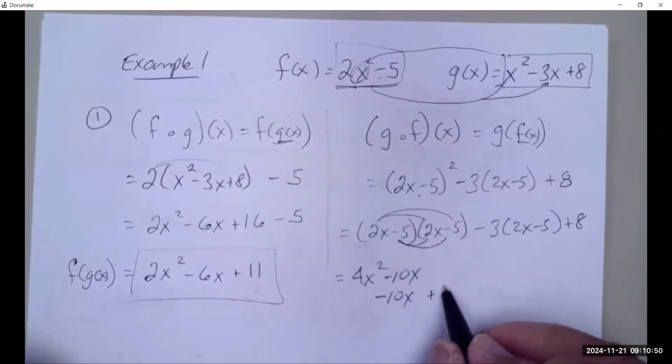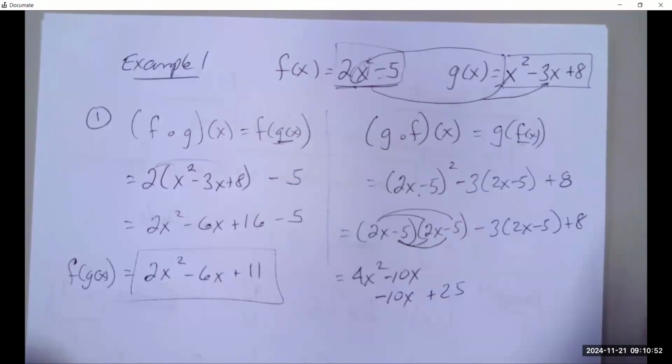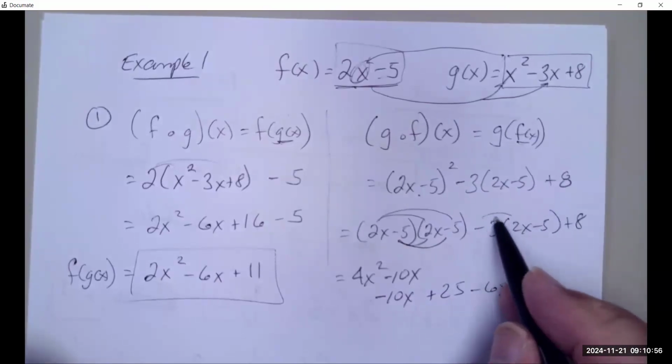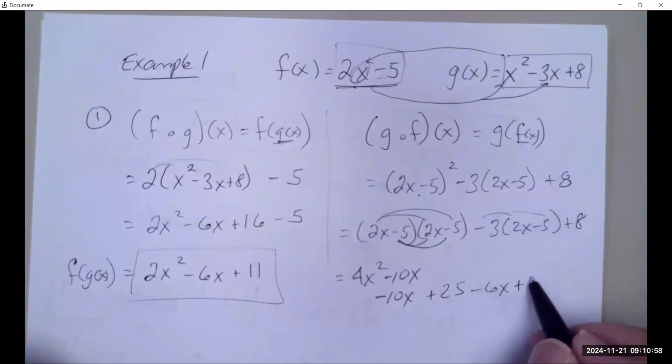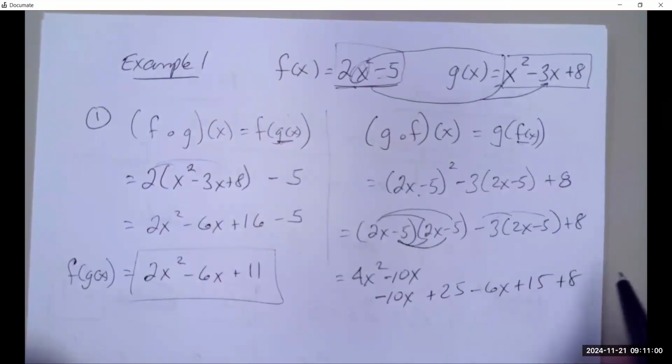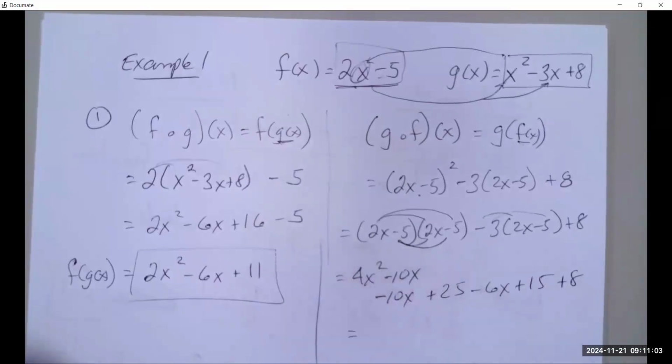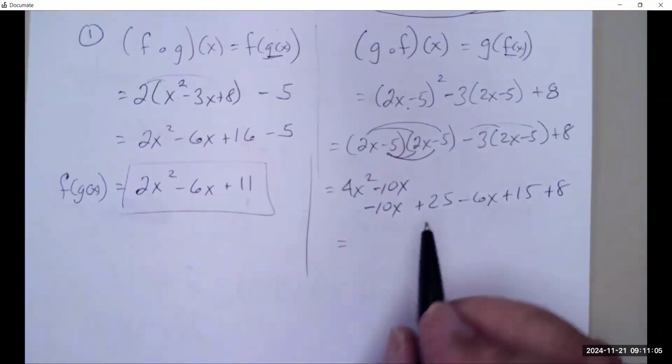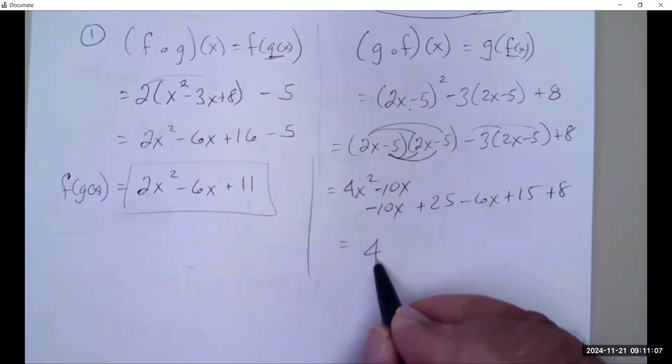Negative 5 times negative 5 is positive 25. Negative 3 times 2x is negative 6x. Negative 3 times negative 5 is positive 15, plus 8. So we have 4x squared.